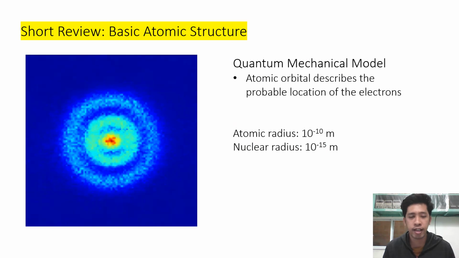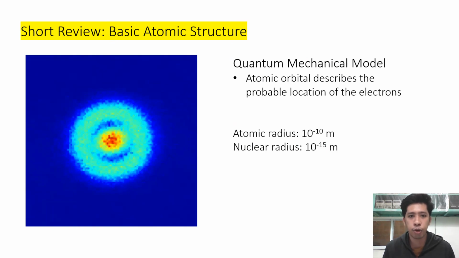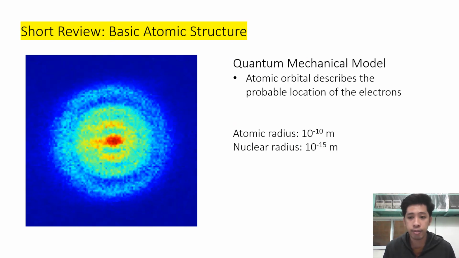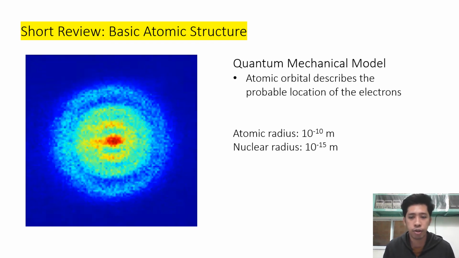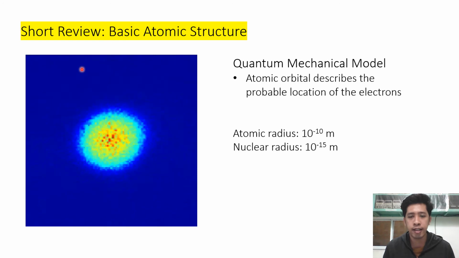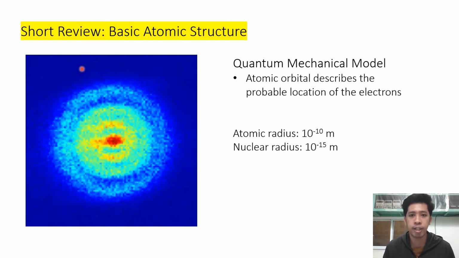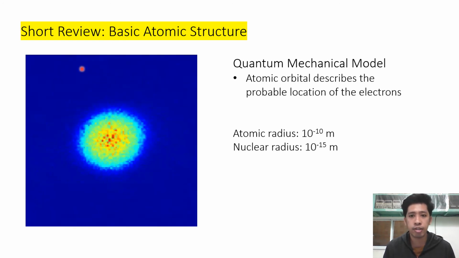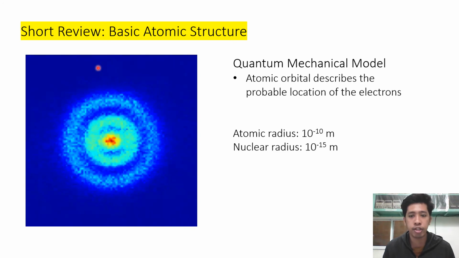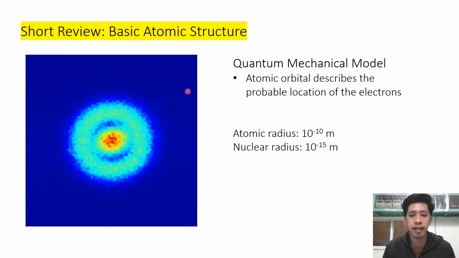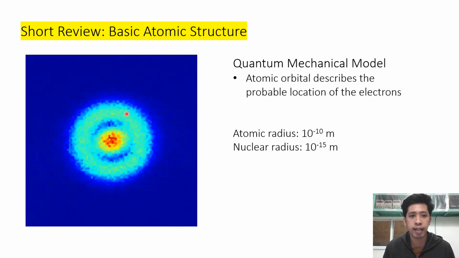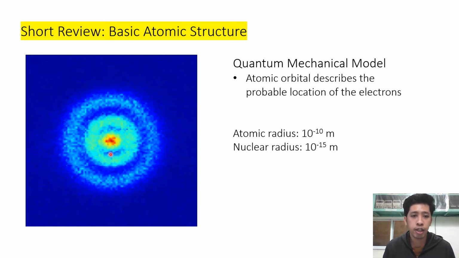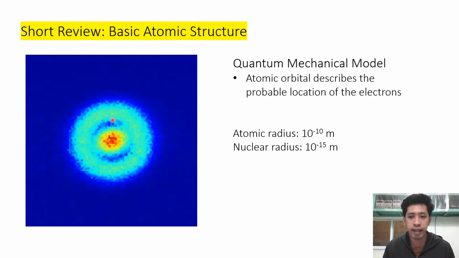So what we have here is the structure of the atom which we can say correctly describes how the atomic structure looks like. So you have the quantum mechanical model. In this model, the atomic orbital describes the probable location of the electrons. So it's not like you have orbits where you can directly tell where the electron is.